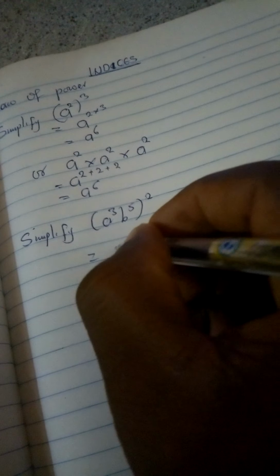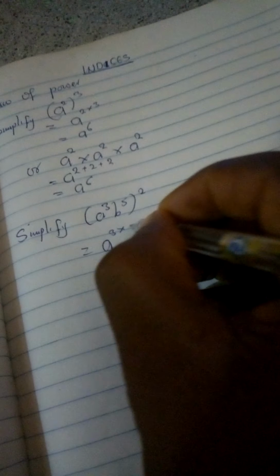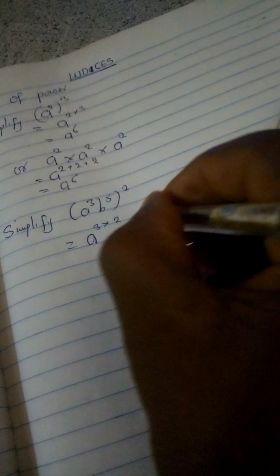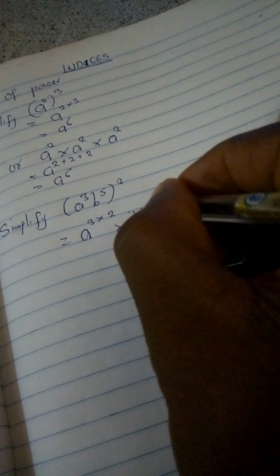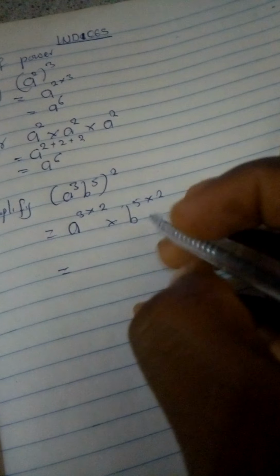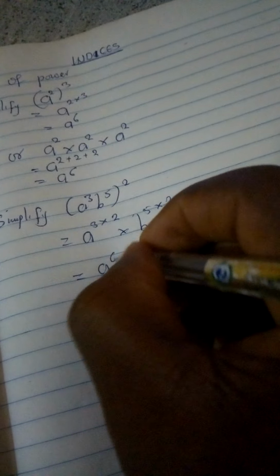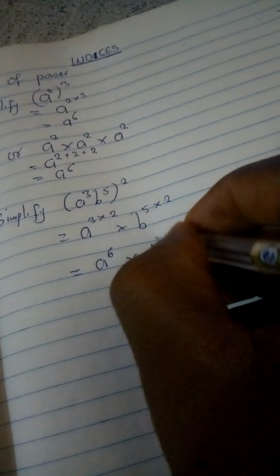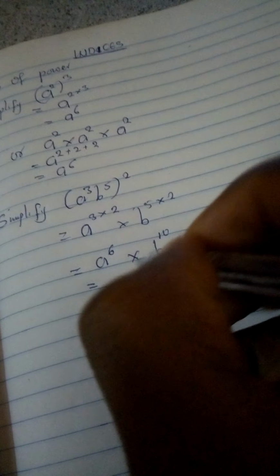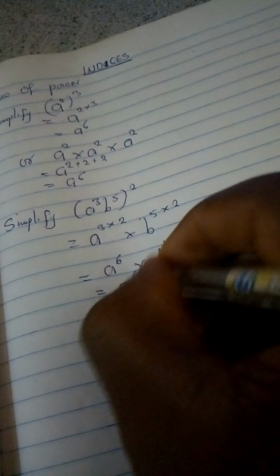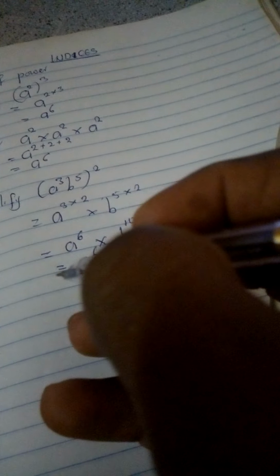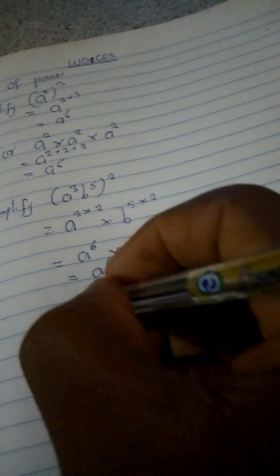So we now have a raised to the power of 3 times 2, also b raised to the power of 5 times 2. That is a raised to the power of 6 times b raised to the power of 10. You can combine them together this way: a to the power of 6, b to the power of 10. Simple as this.